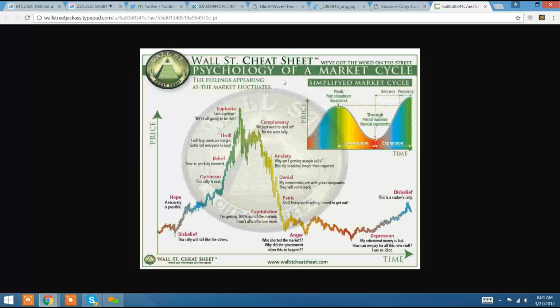But this is what we're looking for, guys. The biggest thing is clarifying the trend. Okay, what direction is this thing going in? Where is our market cycle taking us? Once we know that, the trend is your friend. Play the Elliott waves based on that trend.